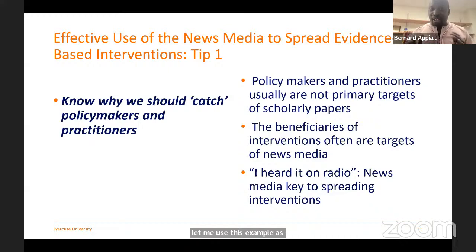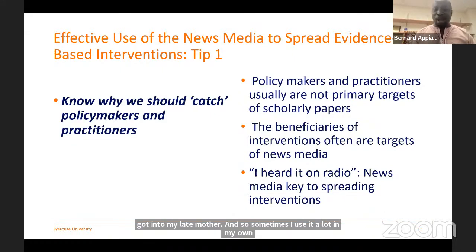To me, I love fish. Fish happens to be the first word I learned to pronounce as a kid, according to my late mother. And so sometimes I use it a lot in my own analogies. I also like eating fish, by the way.